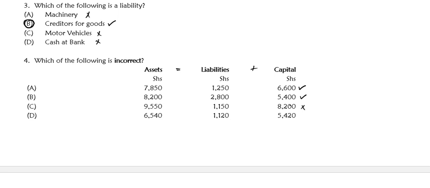Then D, 6,540. When you add the liabilities plus equity, this is correct. So number 4, the incorrect option is C. When you add the liabilities plus the capital, you don't get this. Okay, so that is number 4.